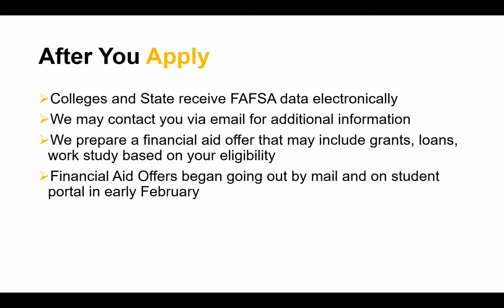So this year, for fall 25, financial aid offers began going out in early February. And these are uploaded to the student's portal, and a hard copy is also sent home in the mail with an award guide.